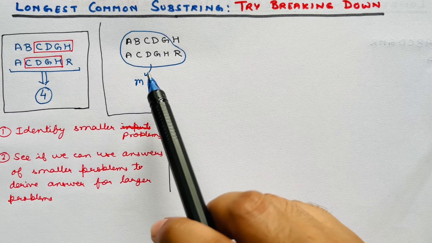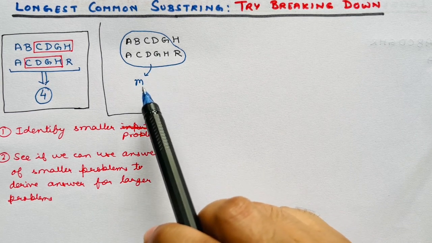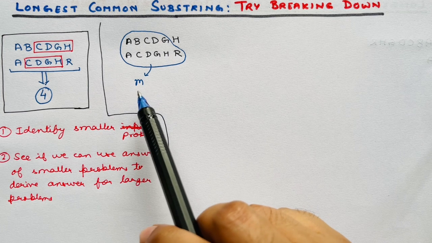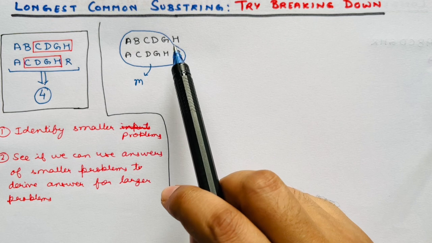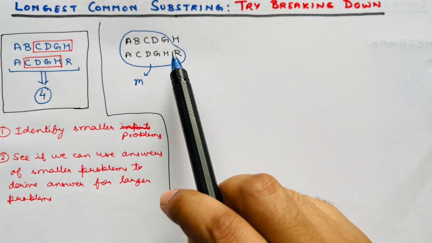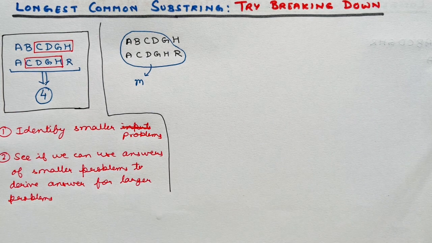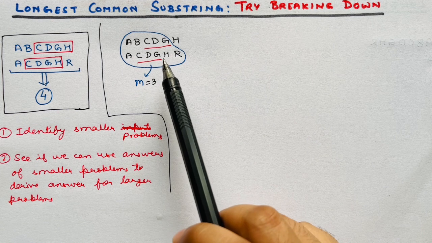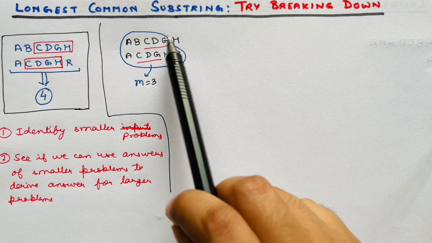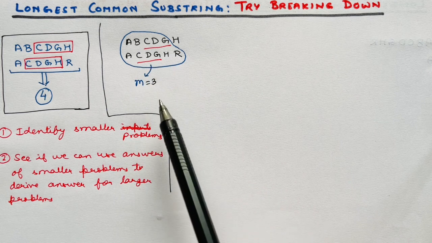Now, let us say somebody comes and gives us the answer to this encircled problem, which is M. Now, can we use this M and this H, that will be the new character added, to derive the answer for our original problem? Let's see. Here, M is equal to 3 because of CDG, which is the longest common substring in the two strings ABCDG and ACDGHR.